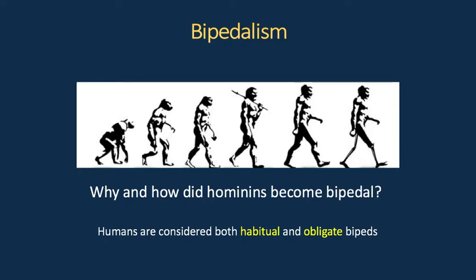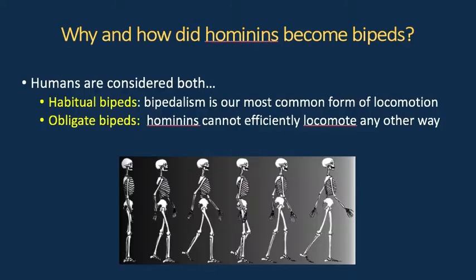So as it says here, humans are considered both habitual and obligate bipeds. Those are related terms, but they're not exactly the same thing. I do have some definitions here for you. A habitual biped, by that term I mean bipedalism is our most common form of locomotion, so it's what we engage in most often.